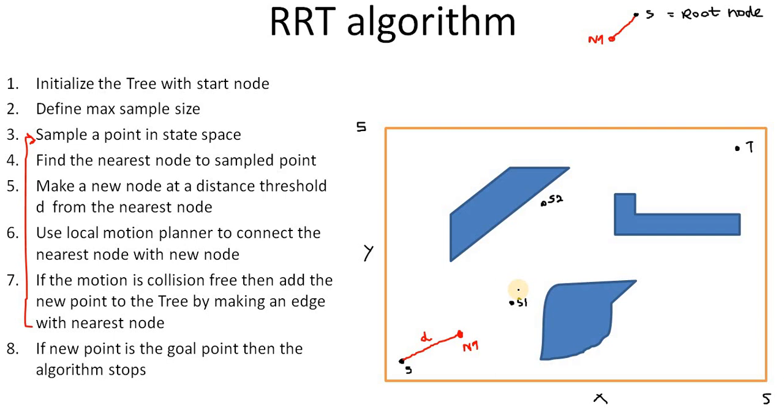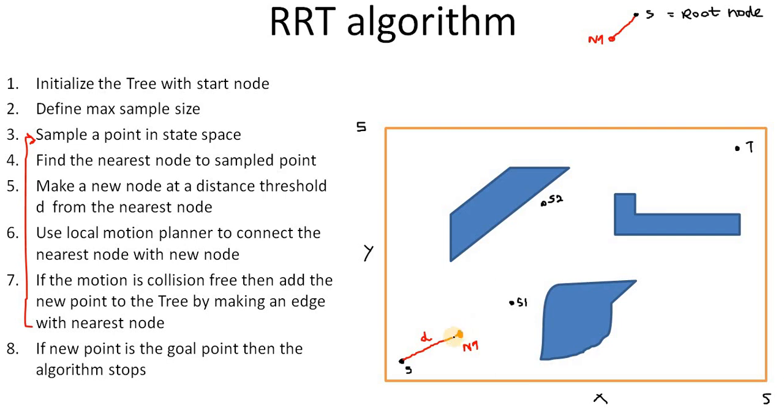Okay, so now we have to find which one is the nearest point in the graph, in the tree we have, which is closest to this sample 2. That's what the next step says, find the nearest node. So from our sampled point or sample node S2, we have to look for the nearest node in the tree.